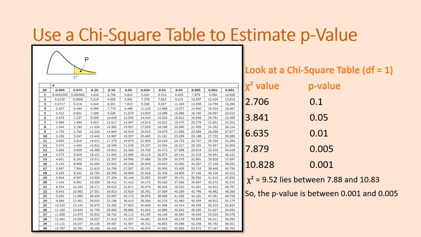So chi-square value 9.52 lies between 7.88 and 10.83. So the p-value is between 0.001 and 0.005. We cannot calculate the exact p-value from chi-square table.